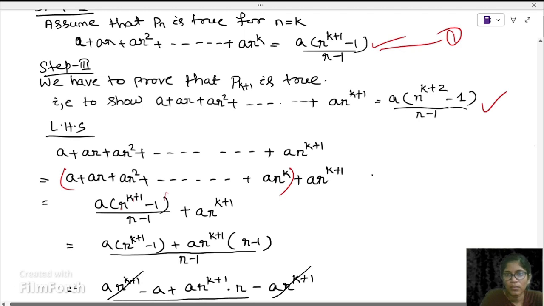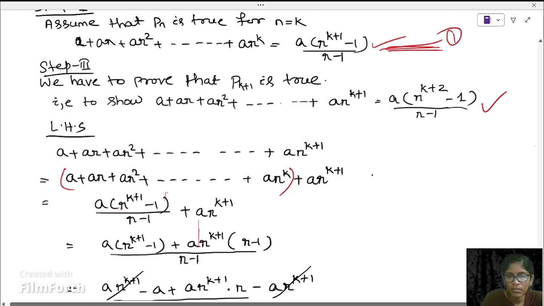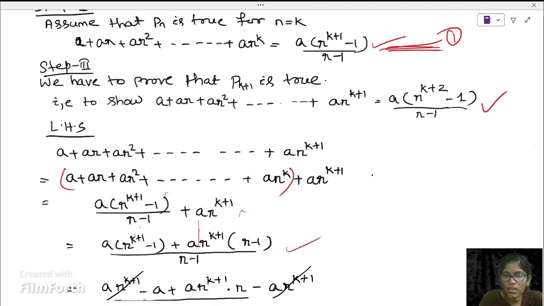Okay, from equation 1. Now, taking r minus 1 as LCM, that means r minus 1 cancel. Left a into r to the power k plus 1 minus 1 plus a into r to the power k plus 1 into r minus 1. Okay. Now multiplying this, a into r to the power k plus 1, here a into 1, which equal to a plus a into r to the power k plus 1 into r minus a into r to the power k plus 1.